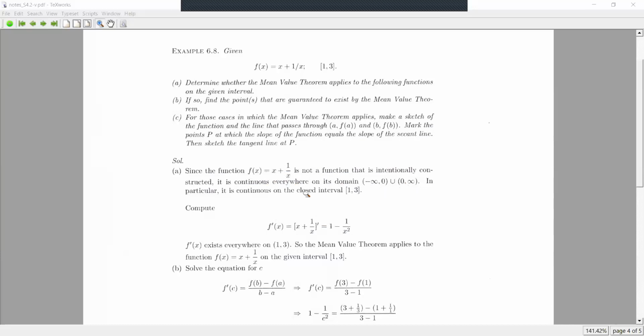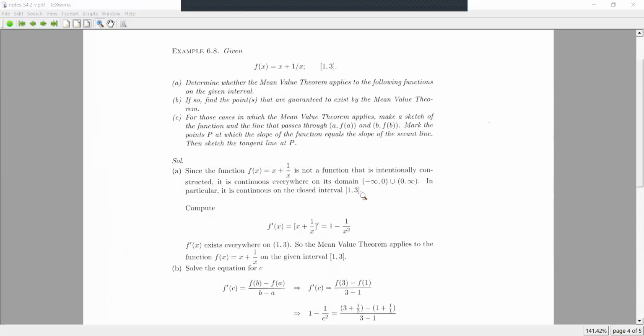Therefore, the graph is continuous everywhere from -infinity to 0 and from 0 to positive infinity, so continuous everywhere except at 0. In particular, the interval 1 to 3 is contained in the domain, so the function is continuous on this given interval. The first condition of the mean value theorem is satisfied.